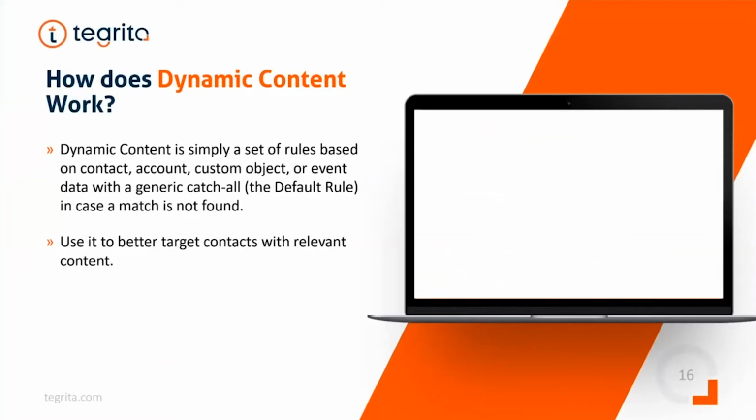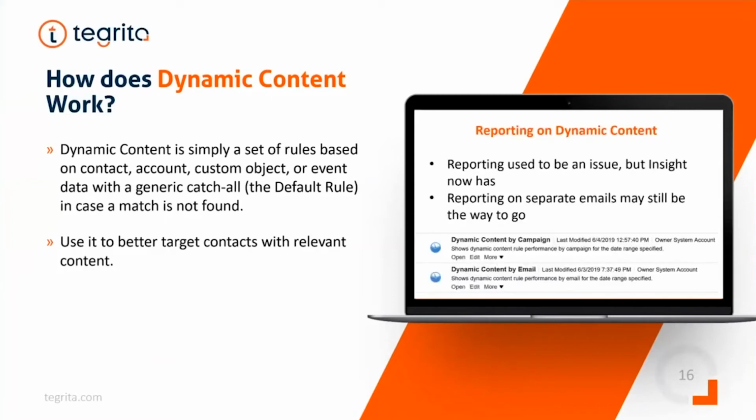And then, the next point there was that it used to be that there was no good reporting around dynamic content, and that really made the decision for us a lot of the time in terms of what we were going to do. And so people were more reluctant to use it just because they wouldn't know.